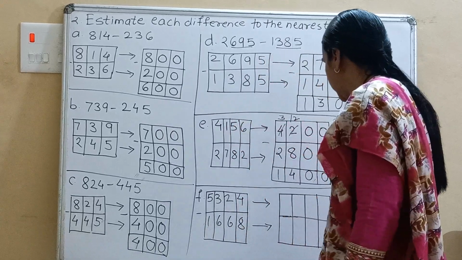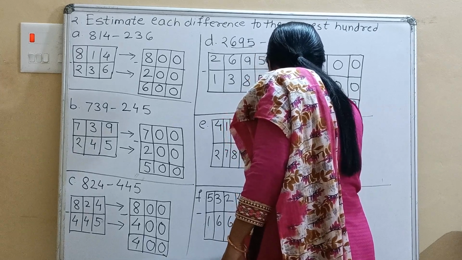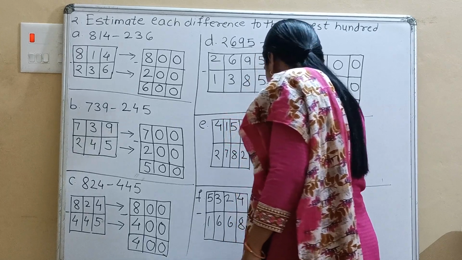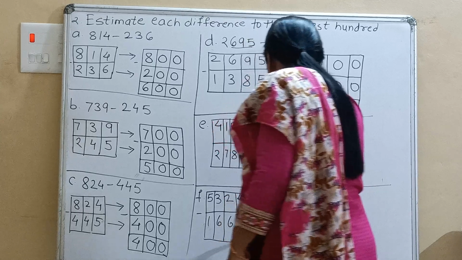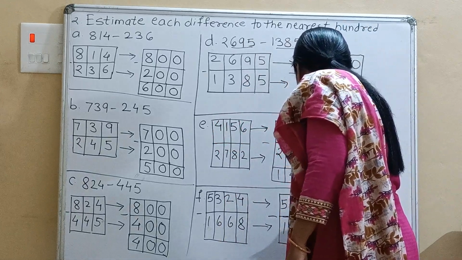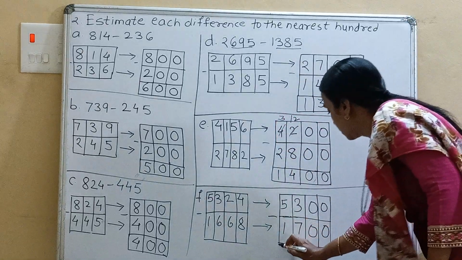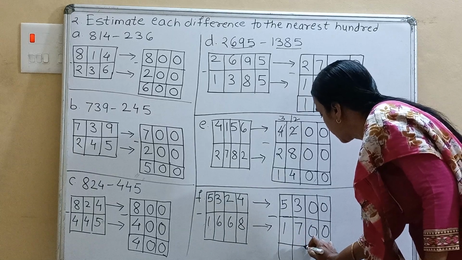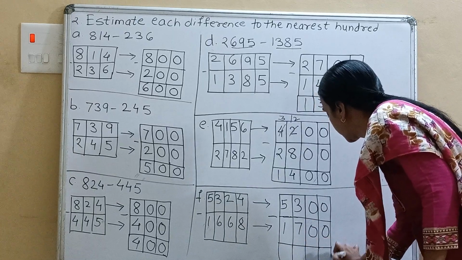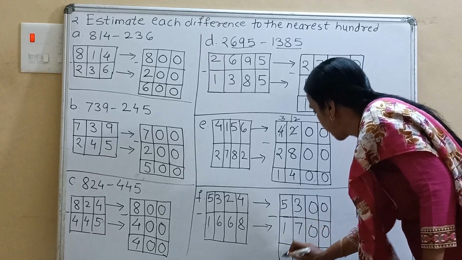5324 is closer to 5300, minus 1668, that is closer to 1700. Okay, so what is our answer? 0 minus 0, 0, 0 minus 0, 0, 3 minus 7.